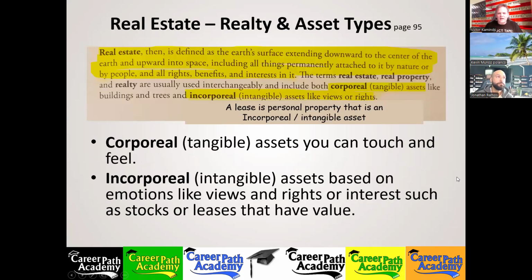So let's highlight that now on page 95. Real estate is then defined as the Earth's surface extending downward to the center of the earth and upward into space, including things permanently attached to it by nature or by people, and all the rights and benefits and interest in it. Corporeal is a tangible asset, and incorporeal is an intangible asset, like views or rights.